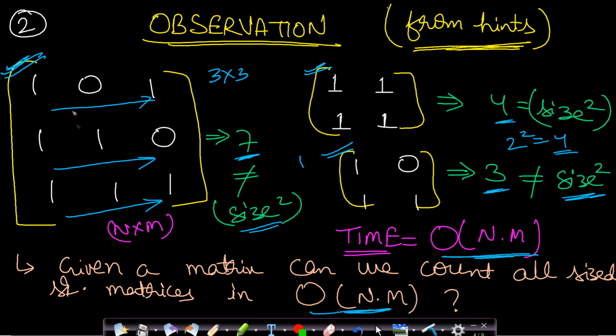Well, in this matrix what we were doing is we were just determining whether this entire matrix will get included in the count or not. But then we were not thinking about the 2 by 2 matrices or 1 by 1 size matrices and so on. So can we find all sized matrices and include them in the count in the same time?